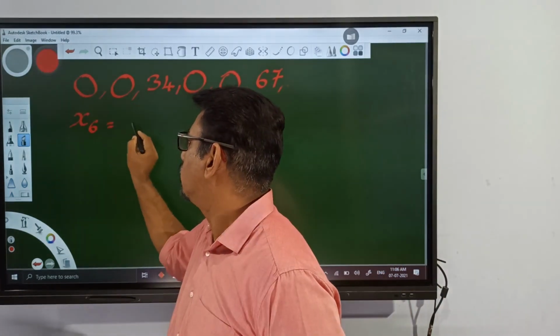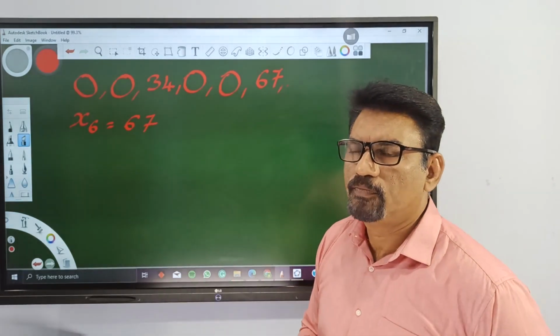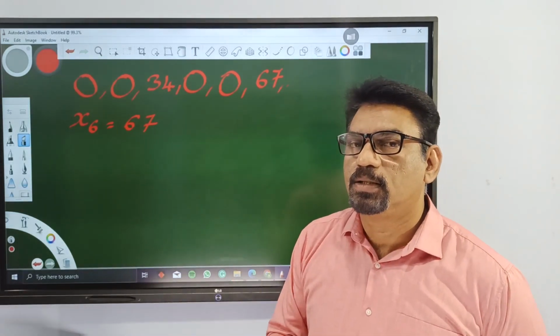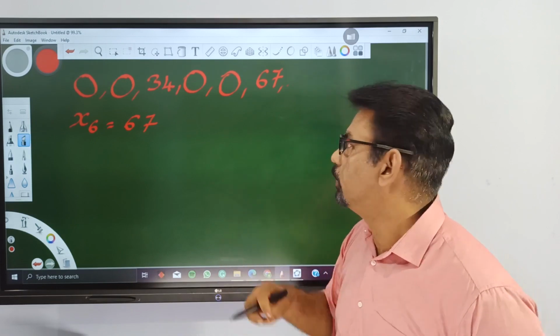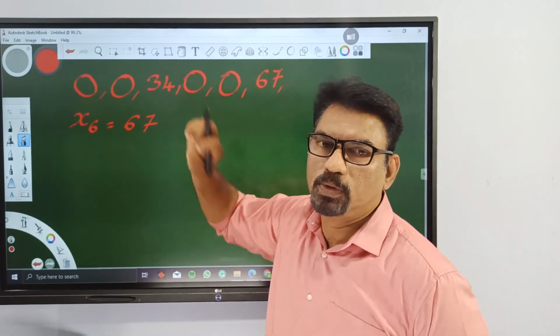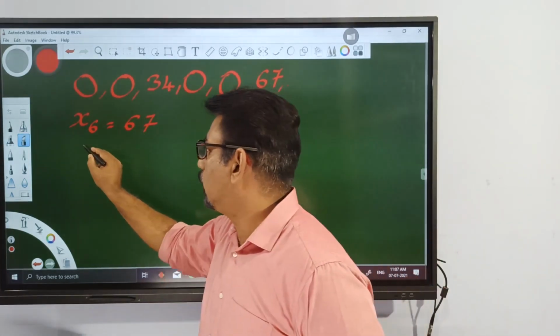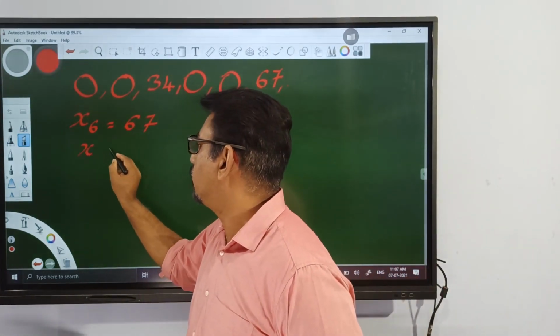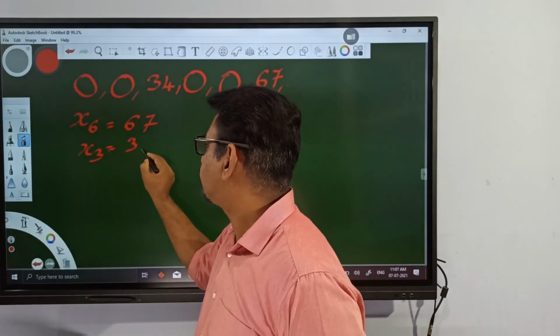Let's consider that first. x6 is equal to 67, that is, the sixth term is 67. We have to start from the information that is given. The sixth term is 67 and the third term x3 is equal to 34.